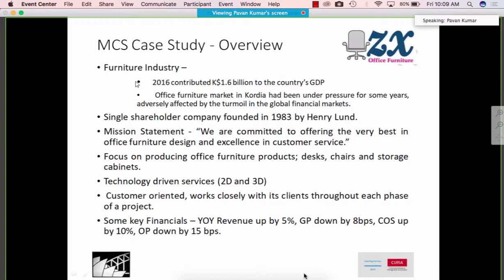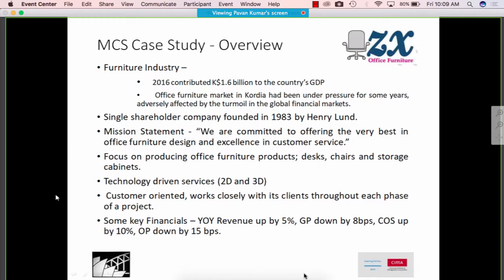They work closely with their clients throughout each phase of a project. And if you recollect, in the case study there is a mention at a couple of places that a dedicated project manager is assigned to each and every customer. So this goes in line directly with their mission statement of excellence in customer service.